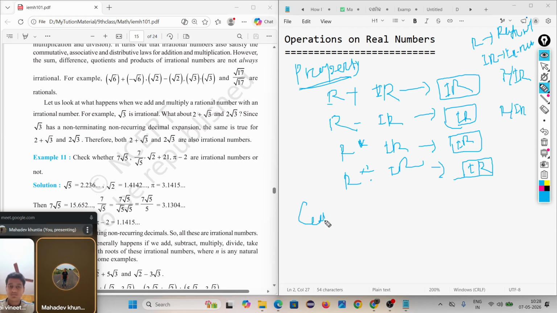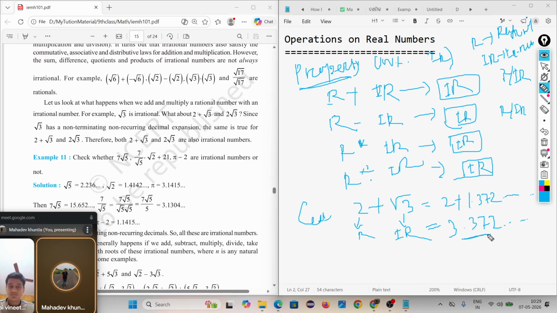I am taking one example for addition: 2 plus root 3. 2 is a rational number, root 3 is an irrational number, and I am telling you 100% you will get an irrational number. Look, what is the decimal expansion of root 3? 1.372 and so on. So 2 plus root 3 is 3.372 and so on. Is it rational or irrational?